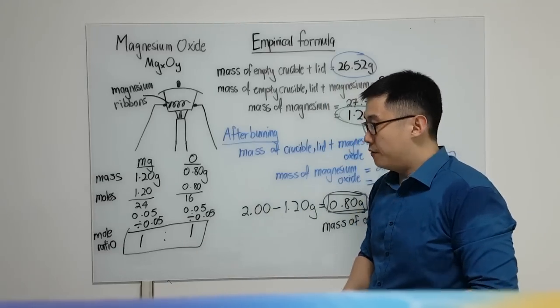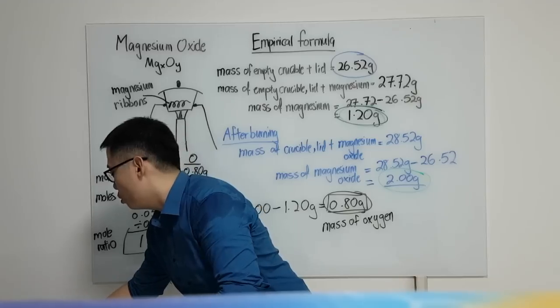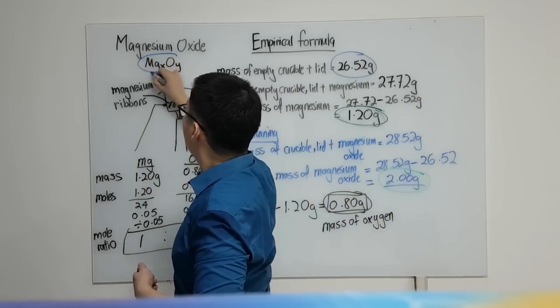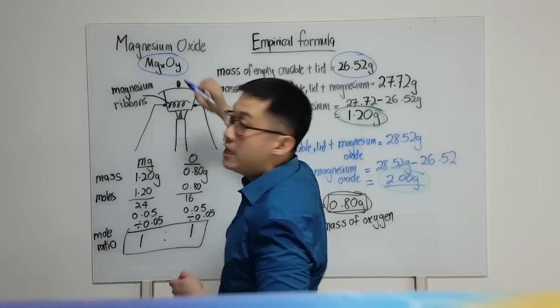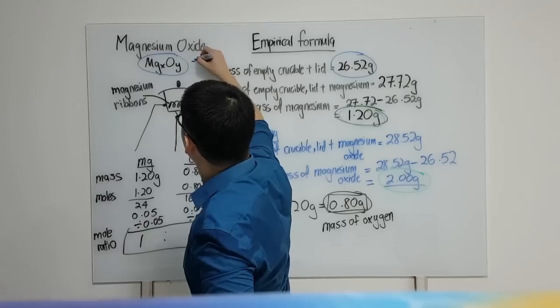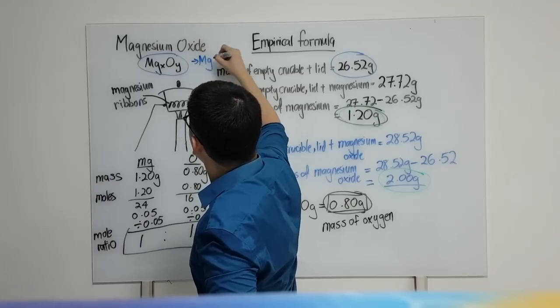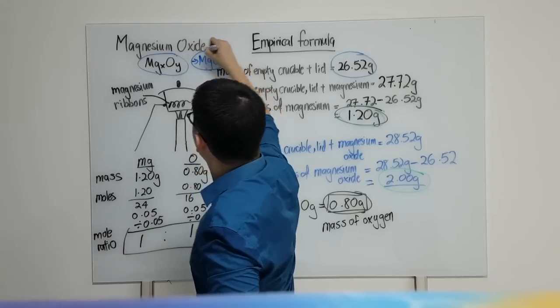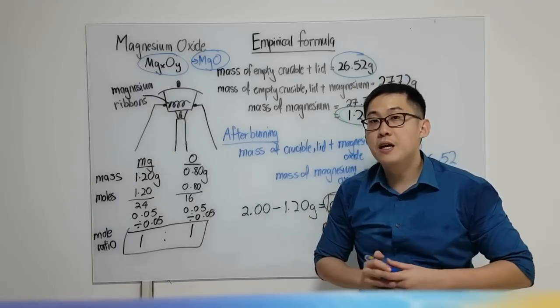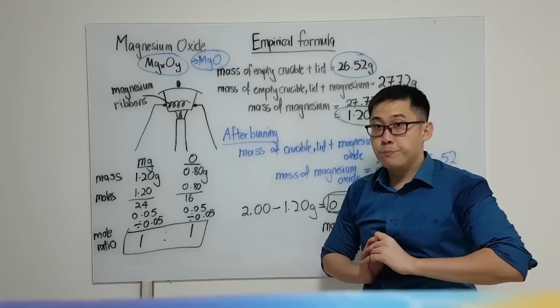And as a result of this, I can now conclude that this MgxOy has a formula of MgO. And this, student, would then allow me to determine the empirical formula.